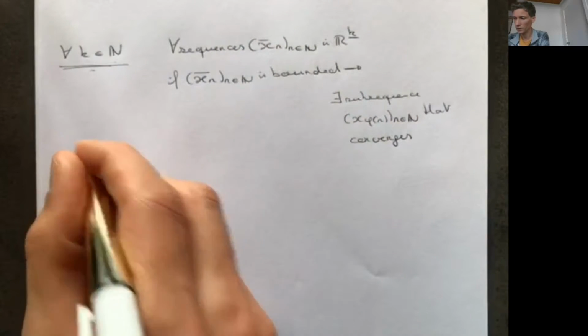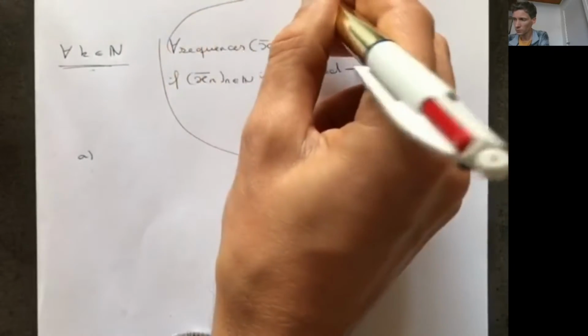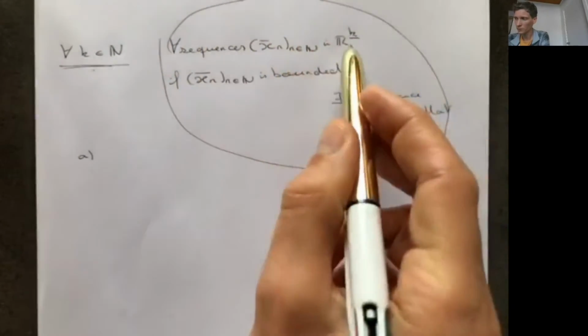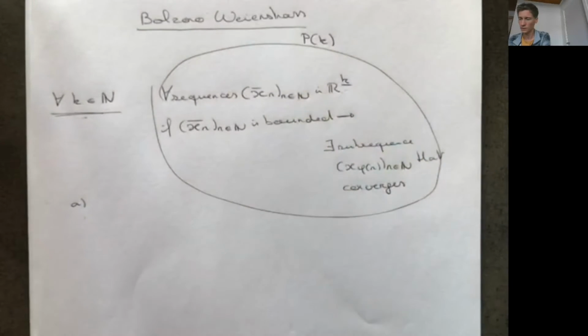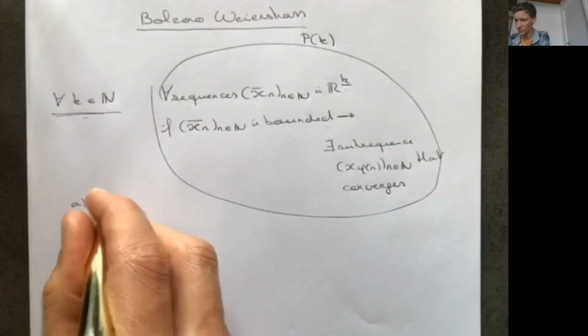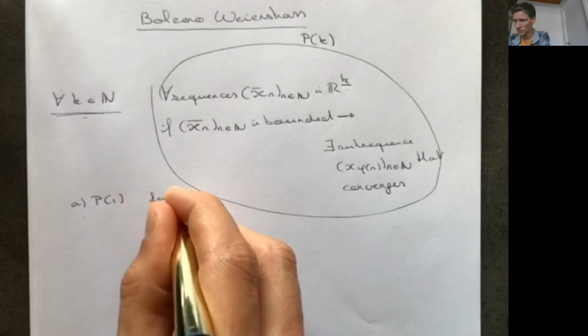So A will be, if this is our formula P(k), this is where the k enters, we have to prove P(1), for k equal to 1.